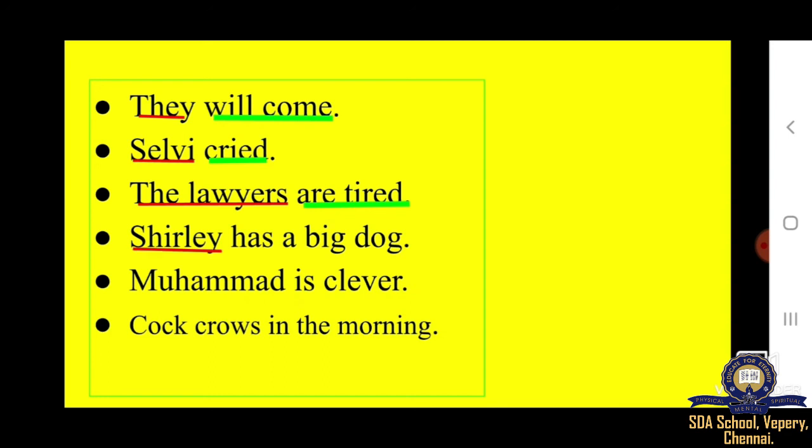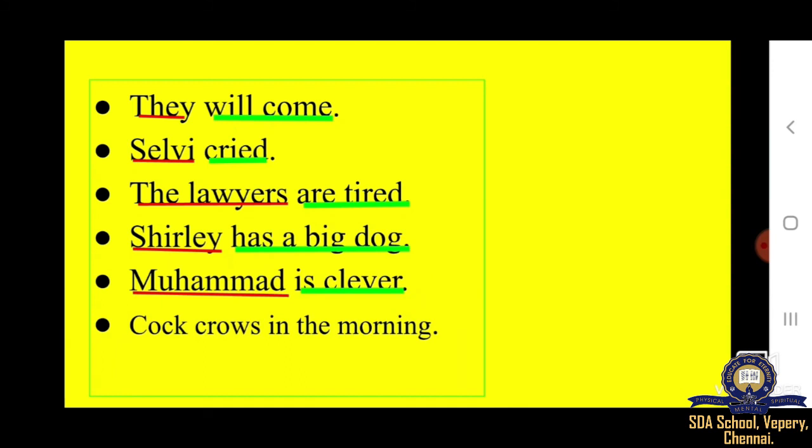Yes, Shirley is a subject. And the remaining part, has a big dog, is a predicate. And next sentence, Muhammad is clever. Muhammad is clever. Children, here what is the subject? Right, Muhammad is subject. And the remaining part, is clever, is predicate.